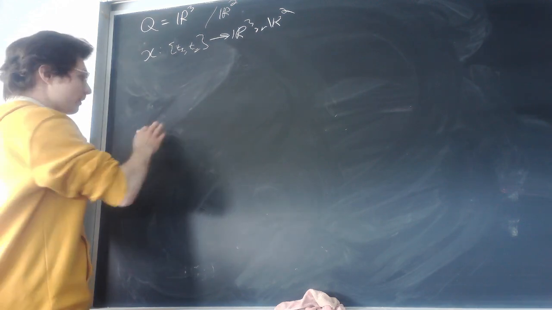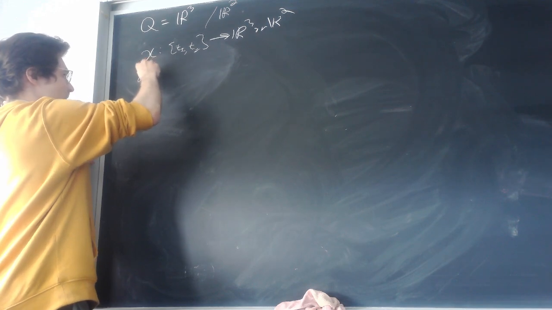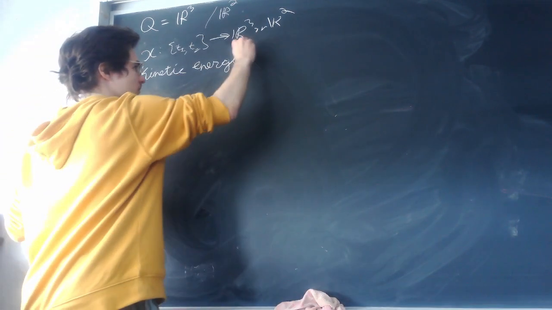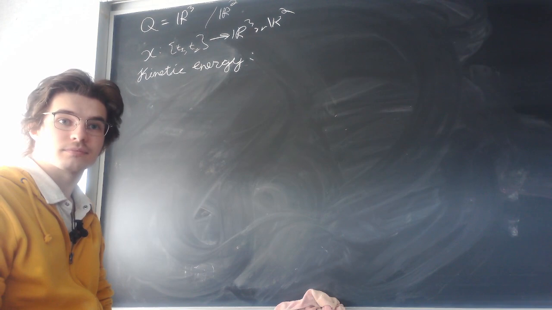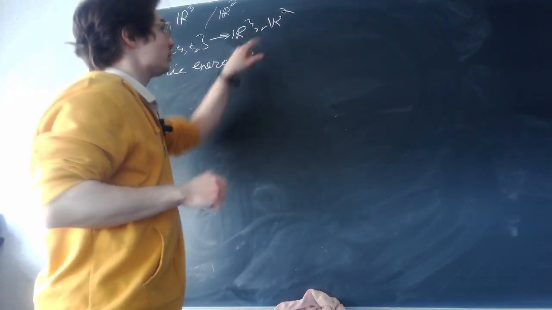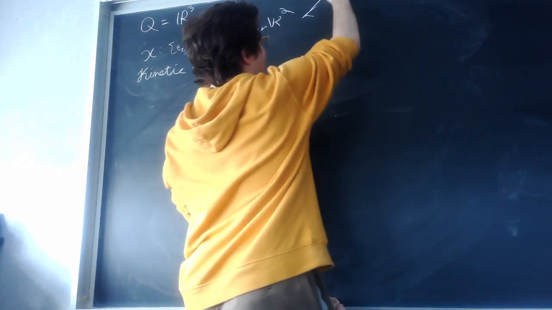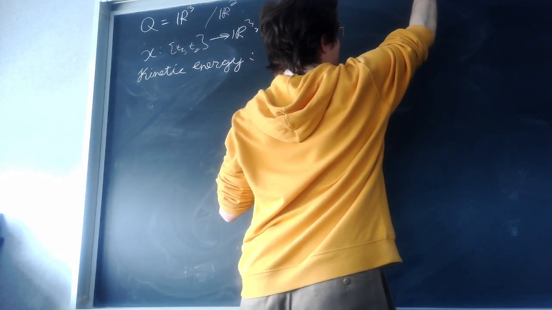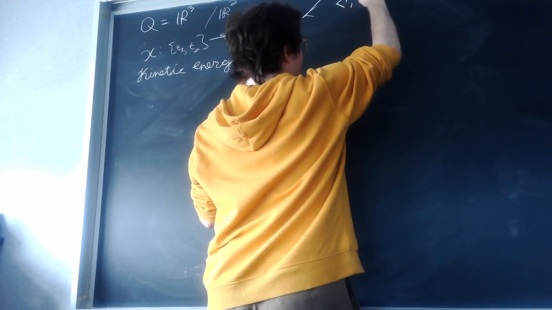So let's define the kinetic energy. What should the kinetic energy be? Yes, exactly. One thing that we know on R2 and on R3 is that we have the usual inner product, so these are actually inner product spaces with some kind of inner product structure on them.